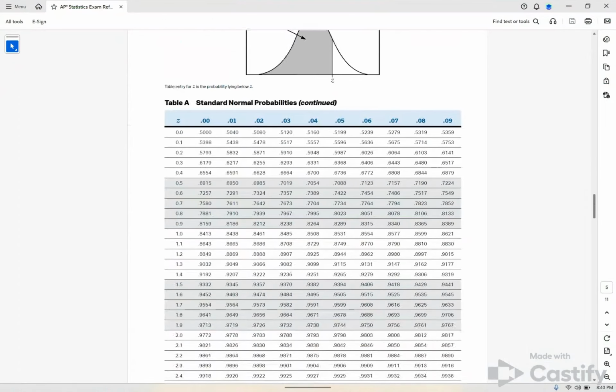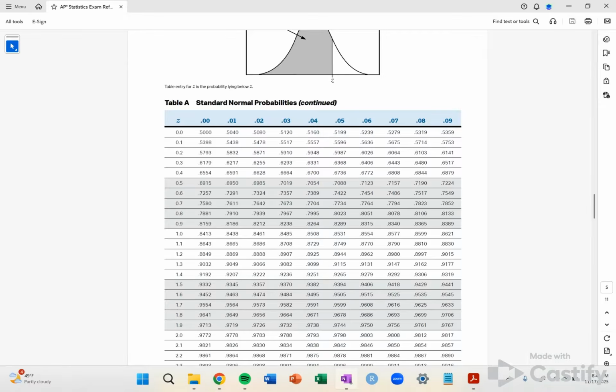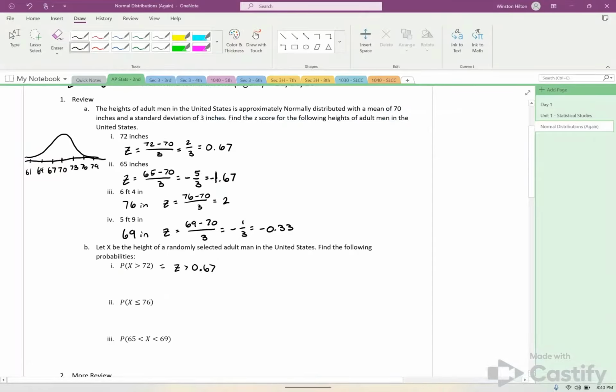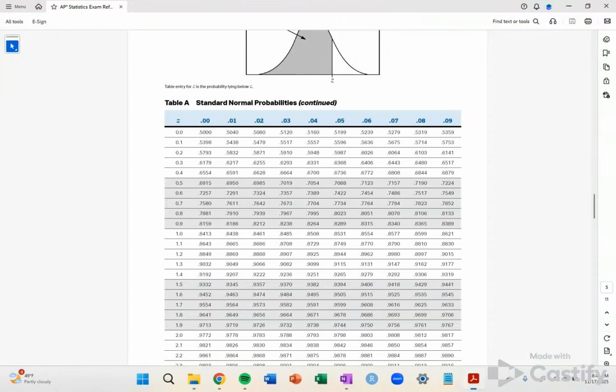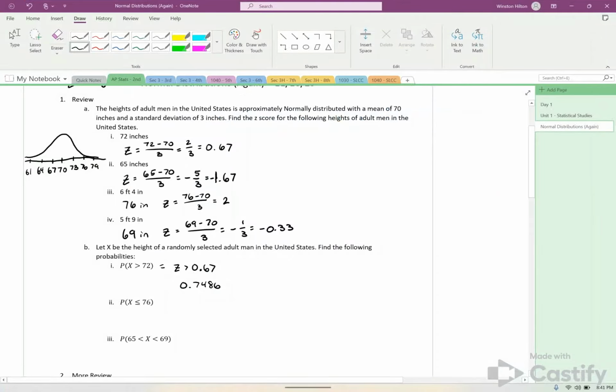Come down here to the positive numbers. Positive 0.6, column for 0.07. Area to the left is 0.7486, I believe it was. Let me just double check. Yep. So to find the area to the right, we just need to do 1 minus that, and we get our probability of 0.2514.